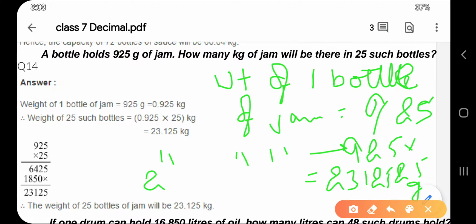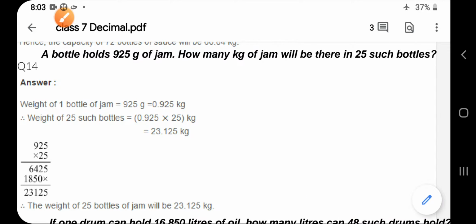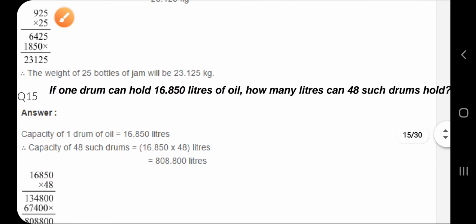So 23125 divided by 1000 means the decimal will be placed after 3 digits from the right here. That's it. So it can be done in the beginning or it can be done at the end.